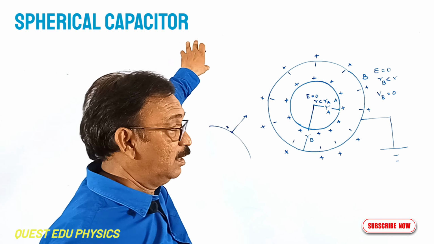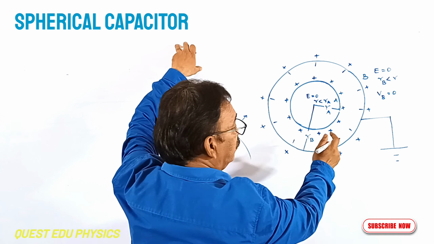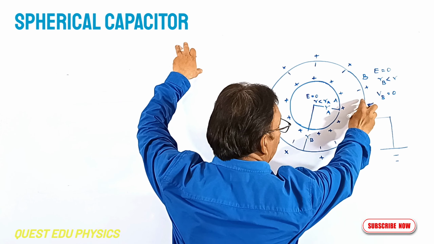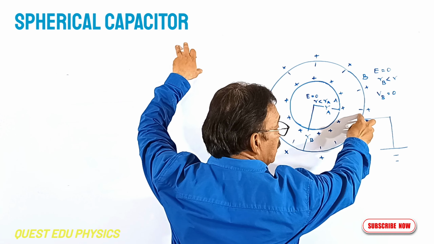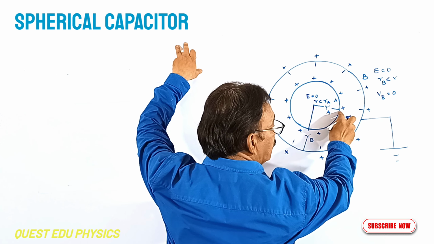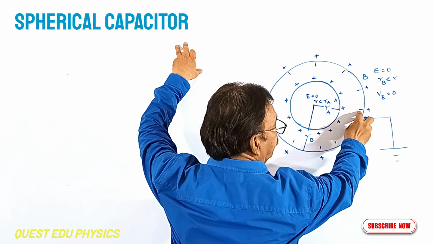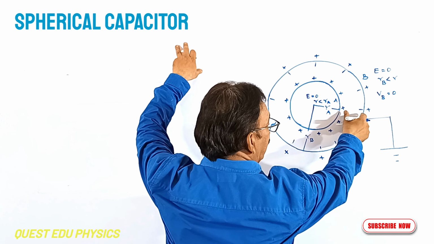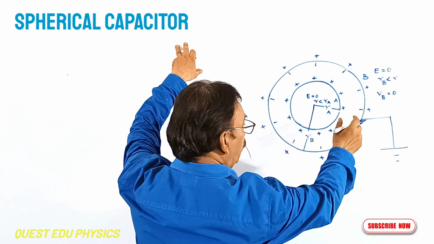Here we have only one potential, which is between the outer surface of the first sphere and the inner surface of the second sphere. Know that this difference only provides the potential.